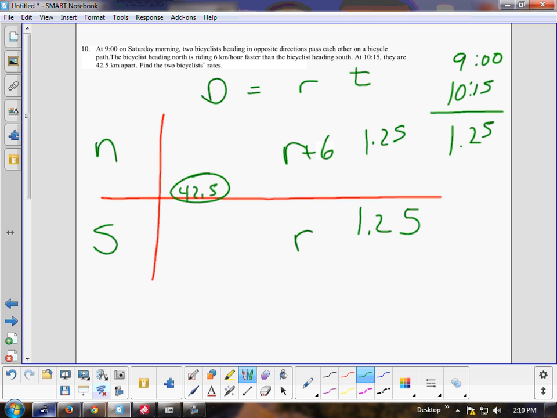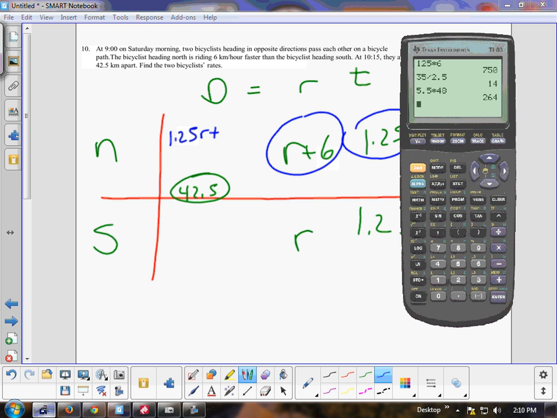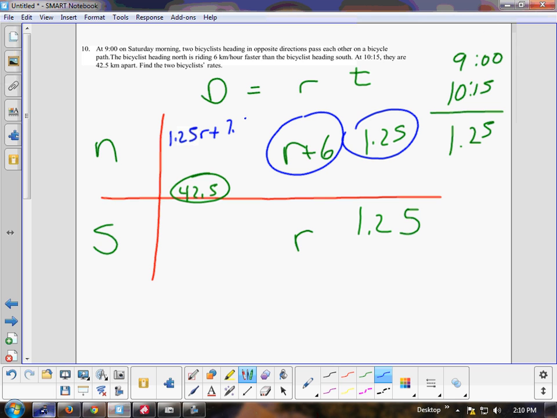Okay, and then we find distance equals rate times time, and that's where we got 1.25r plus, and what was that value again? 6 times 1.25, I can't think right now, 7.5. Okay, plus 7.5, and then this is 1.25r. And together, the southbound distance plus the northbound distance equals the total distance.